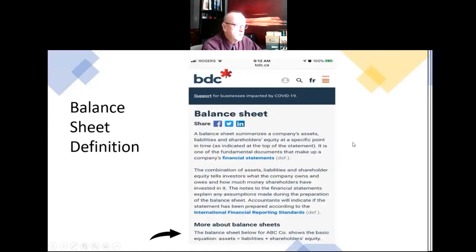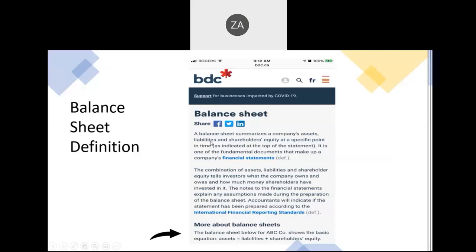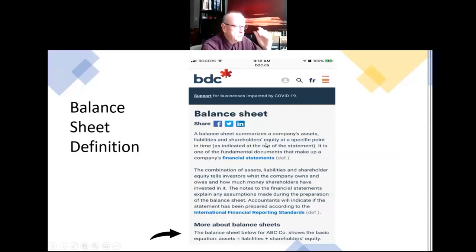Balance sheet definition. A balance sheet, as Aaron mentioned, is really about financial planning. It summarizes a company's assets, liabilities, and shareholders' equity at a specific point in time. And you could say the same thing is true for an individual.